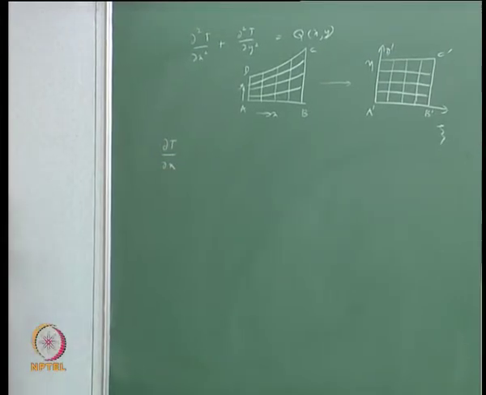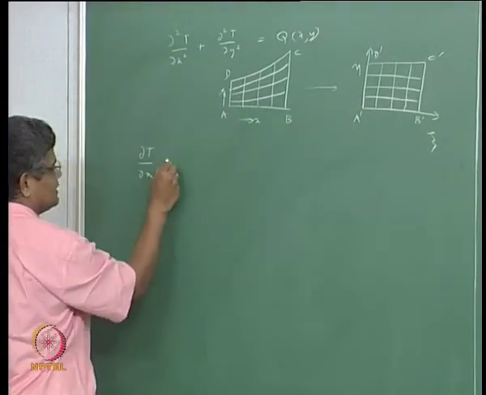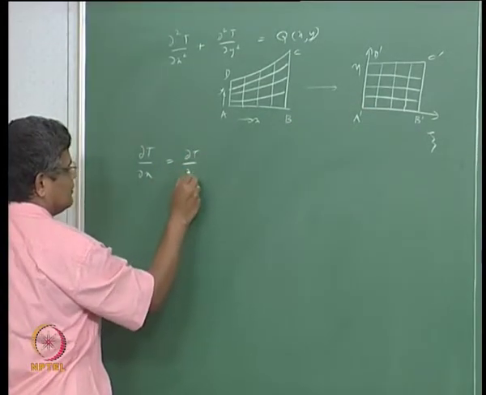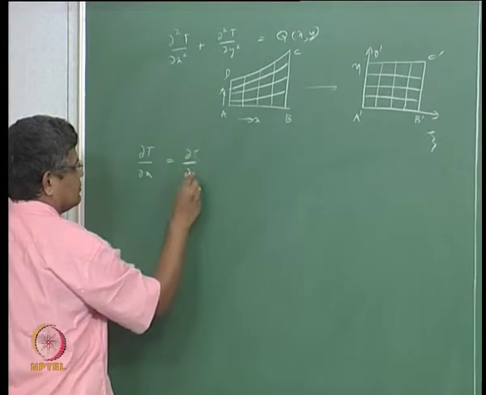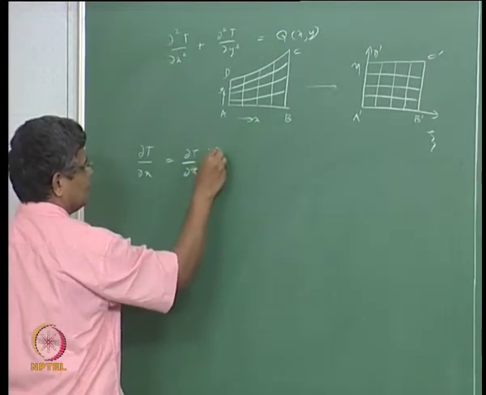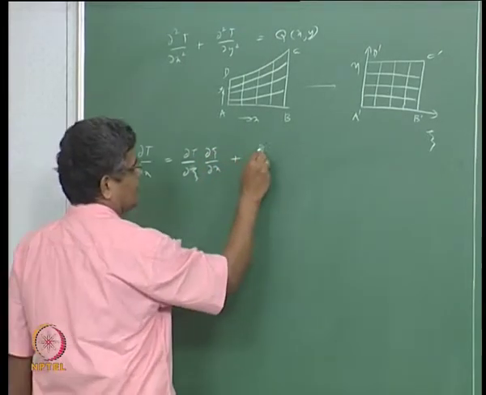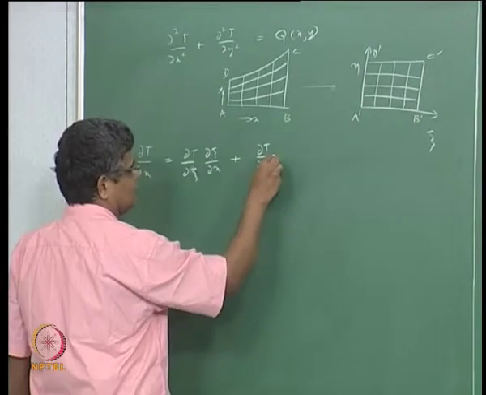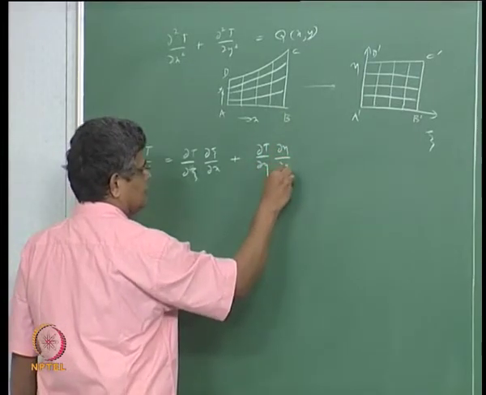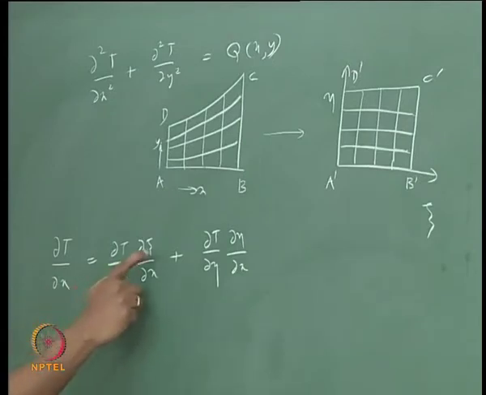dou T by dou x. We can write this in terms of dou T by dou psi psi x plus dou T by dou eta eta x, because x is a function of psi and eta in 2 dimensions.